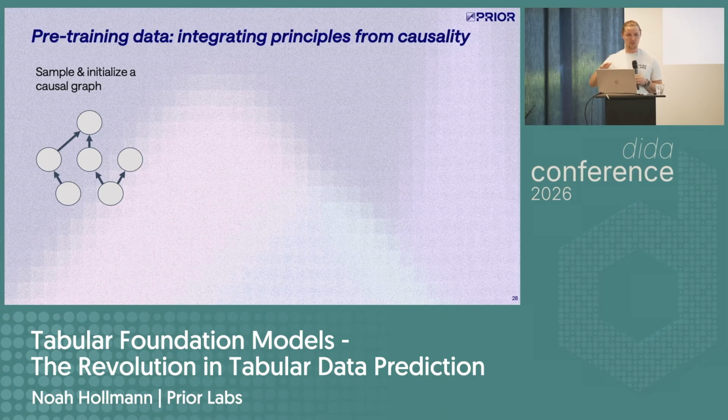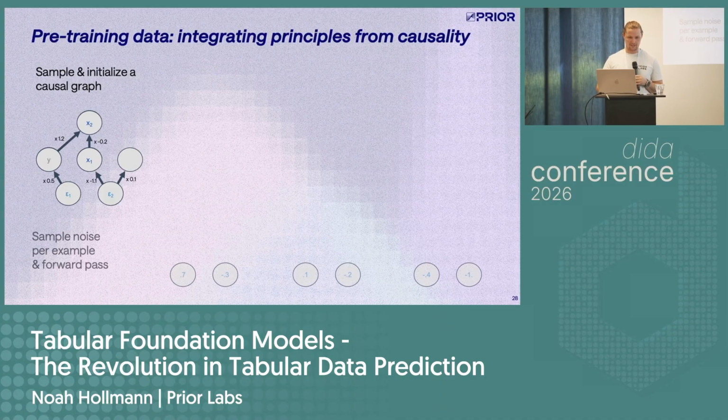So if we're generating synthetic datasets, we generate for each dataset such a computational graph with these edges. We pick different positions in the graph that are going to be the features and labels of the resulting dataset. We assign some values or functions to it. So those are pretty simple values right now. And then we sample noise that we would propagate through the graph for each row that we want to generate for this dataset.